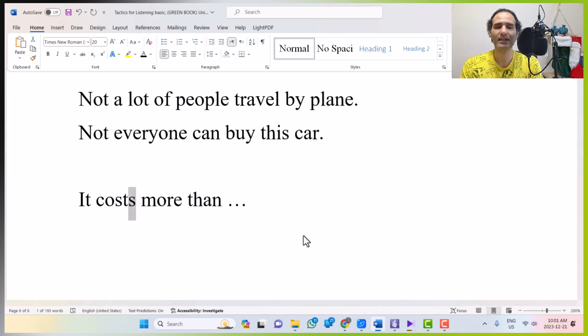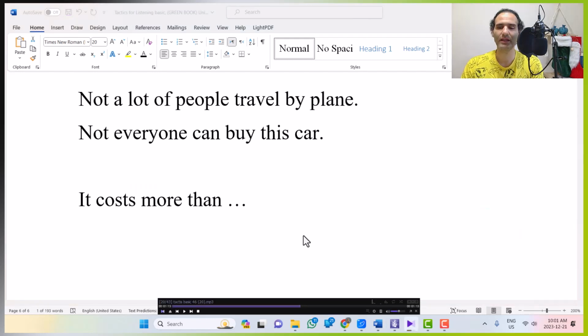She doesn't say it costs more. It's clear that it is costs. So easily you pronounce it, it costs more, as if you are not pronouncing, but in fact everybody knows that you are. Listen to it again. In my country, not a lot of people travel by plane because it costs more than most people can afford.